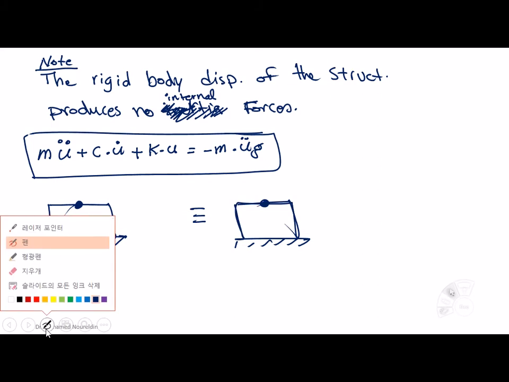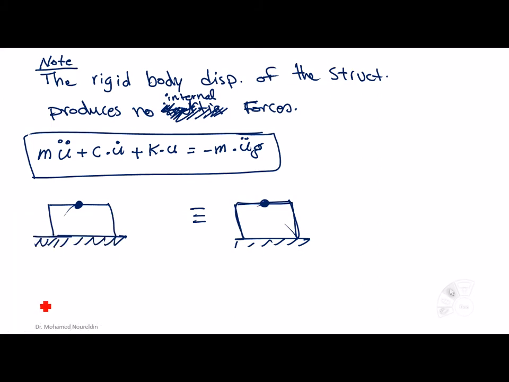If the system has ground acceleration u double dot g, this equals the system having a fixed base, however we apply a horizontal force at the mass level.